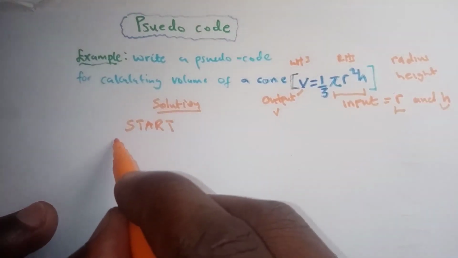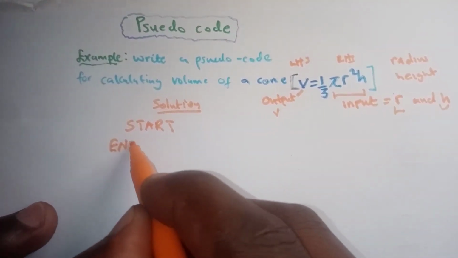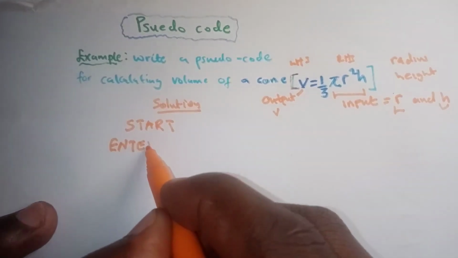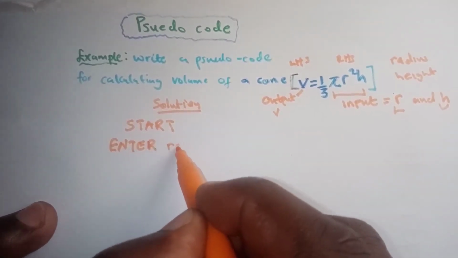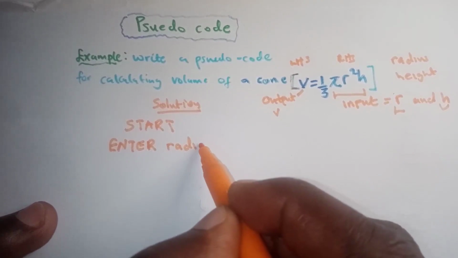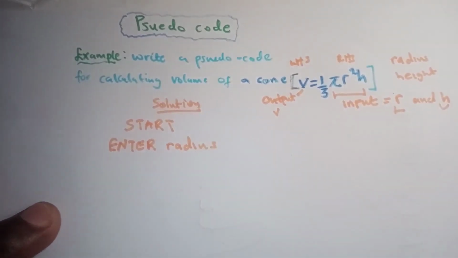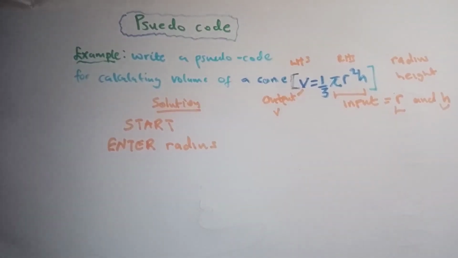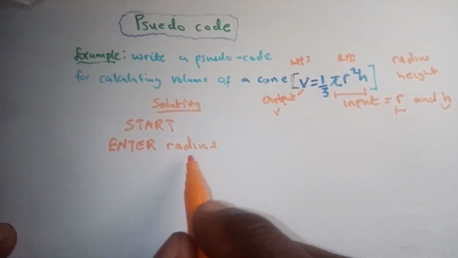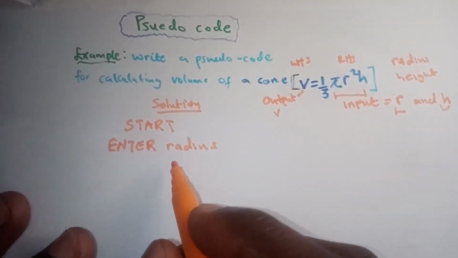So first we're going to say enter radius. So we've entered radius. We haven't entered the height yet. Then we're going to give a condition now.